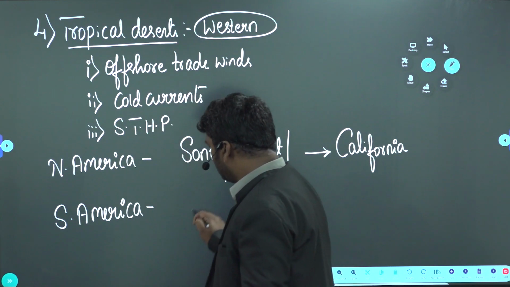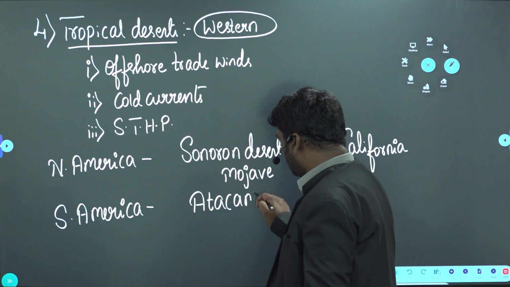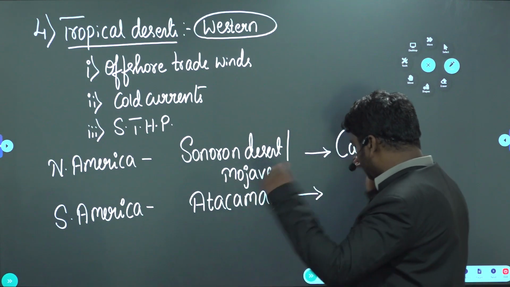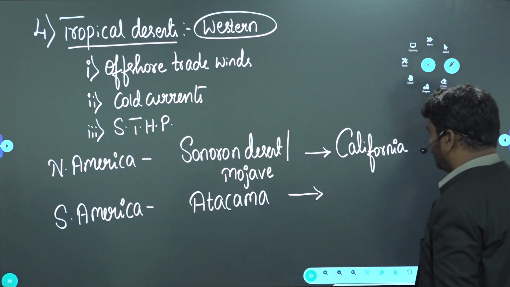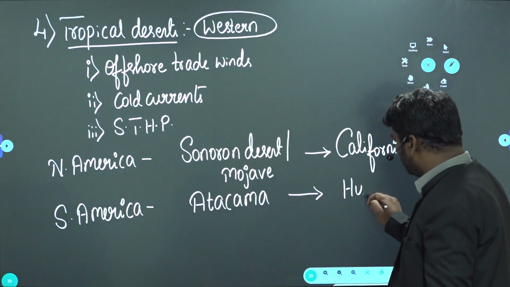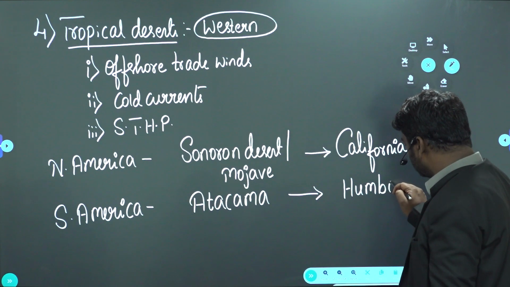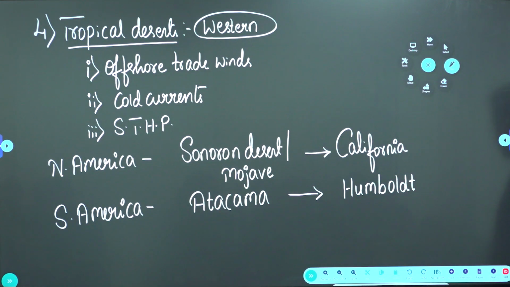South America, which is the desert? Atacama Desert. Which is the cold current responsible? Humboldt current.